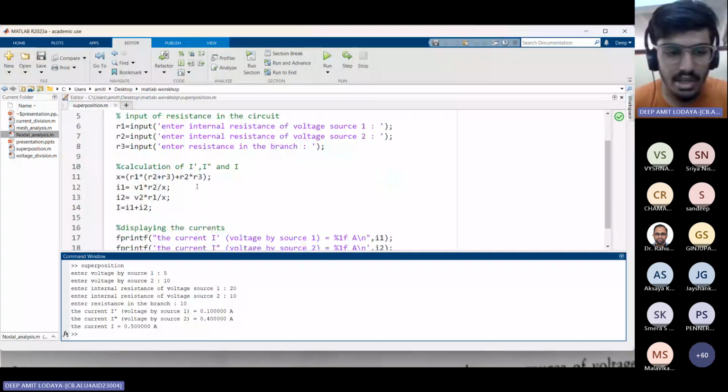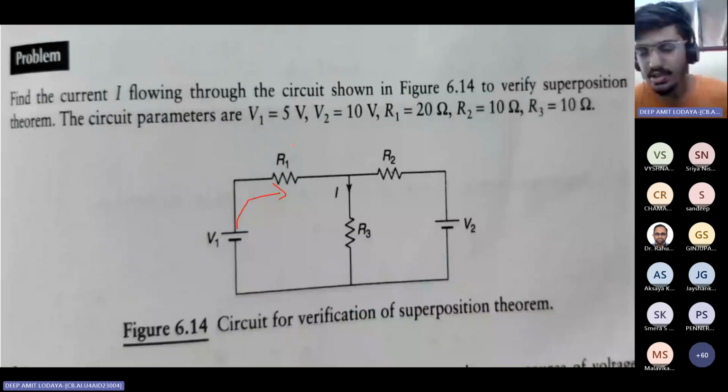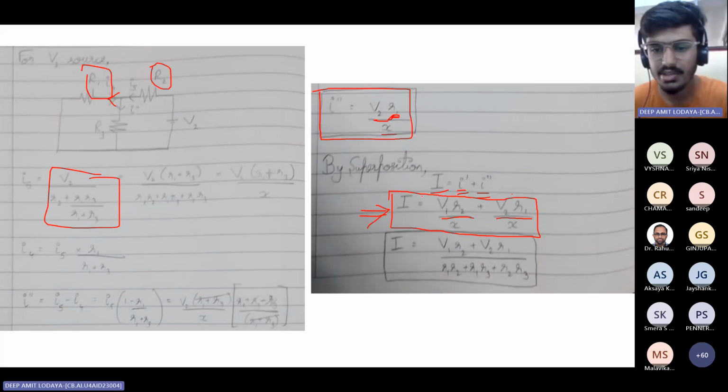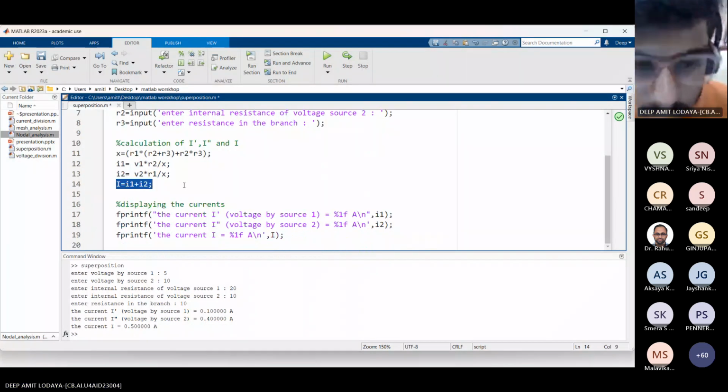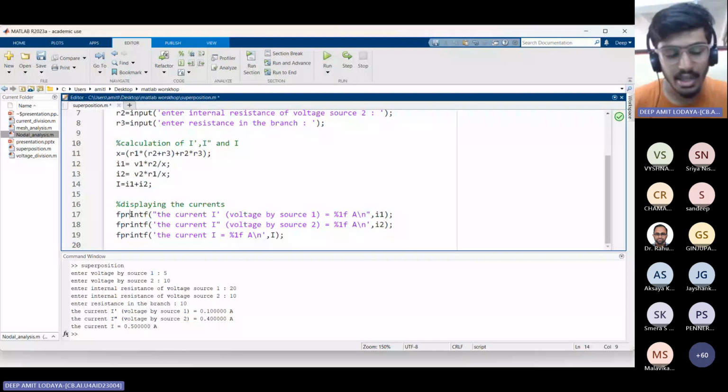So here again, like how I assumed X in the equation over here, I have assumed an X also in the code, which is R1 R2 plus R1 R3 plus R2 R3. And I have assigned that to I1, I2, and I is essentially the sum of those two. And in the last, I've just printed all the three.